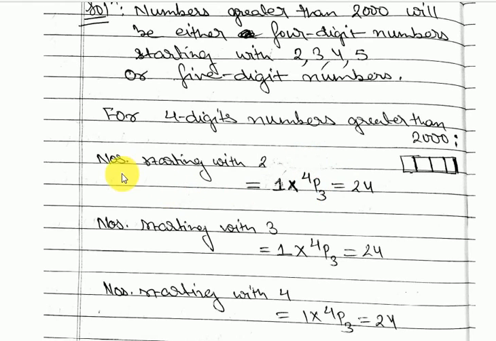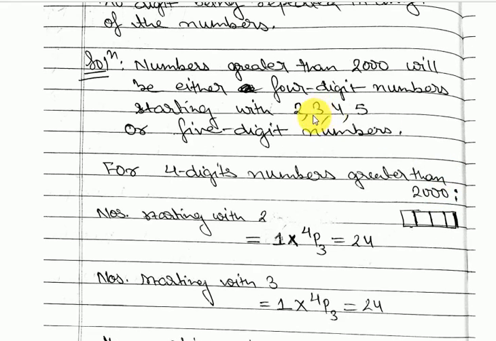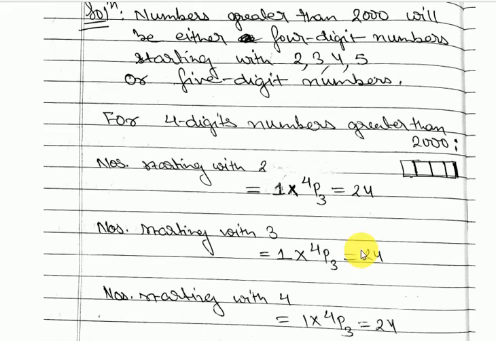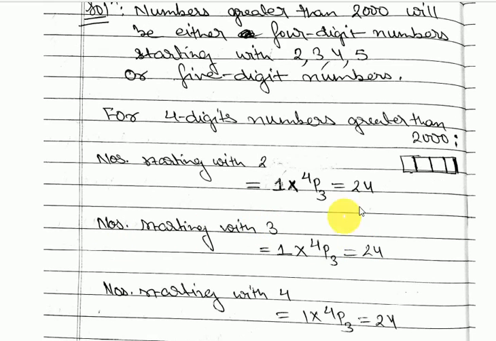Anyway, let's see. Numbers starting with 2, I can have 2 over here, and the rest of the positions can be filled by the remaining 4 digits. We are filling 3 places, so 4P3, that is 24. Numbers starting with 3: the thousands place is fixed with 3, so I can fill it only one way.